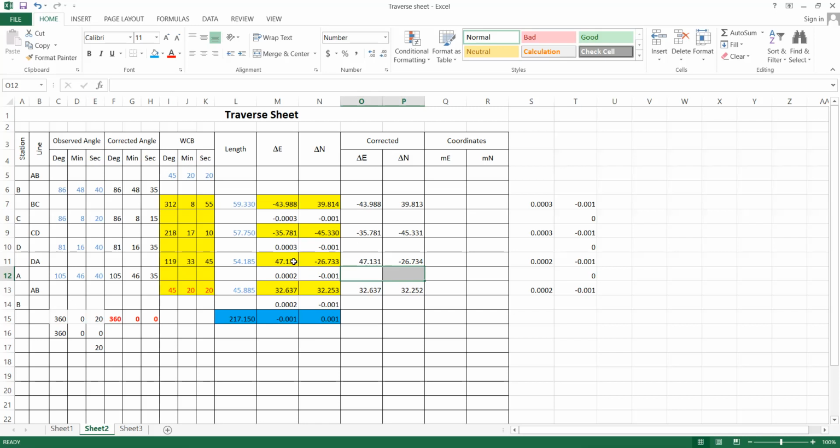Right? So this should be plus. Now you can see actually this blue color one error was now changed. It was changed because originally it was minus 0.001. I leave those values.